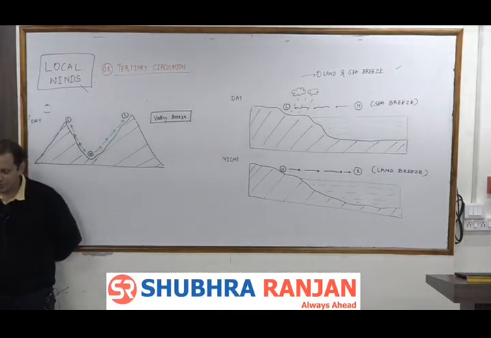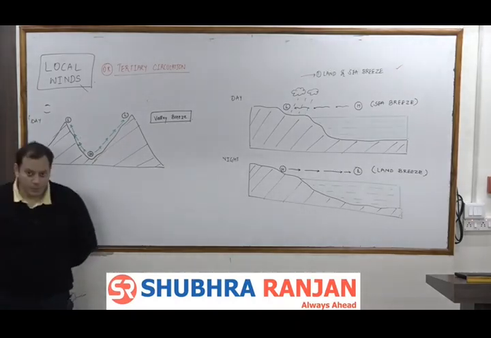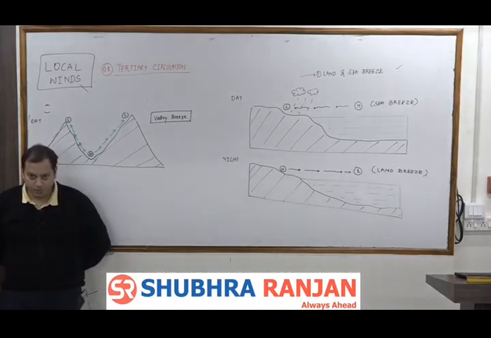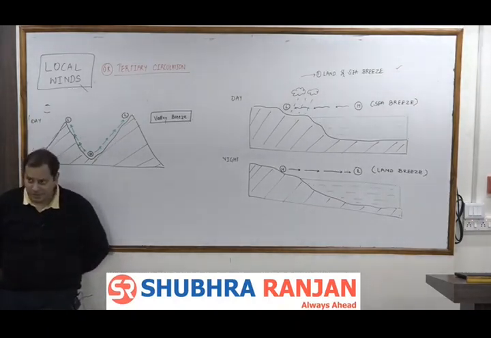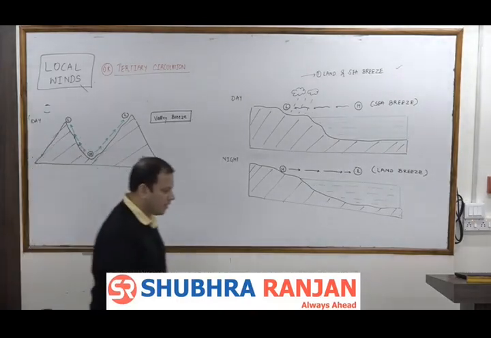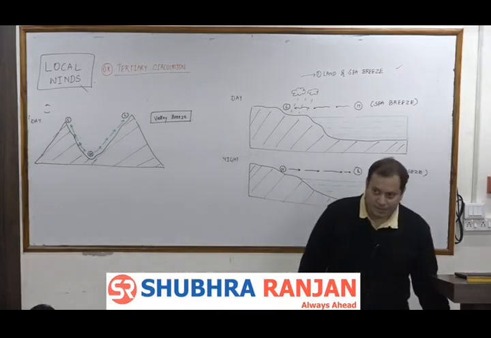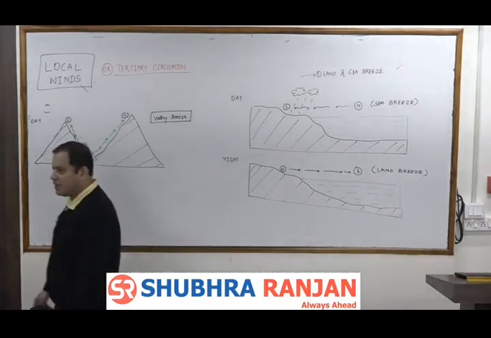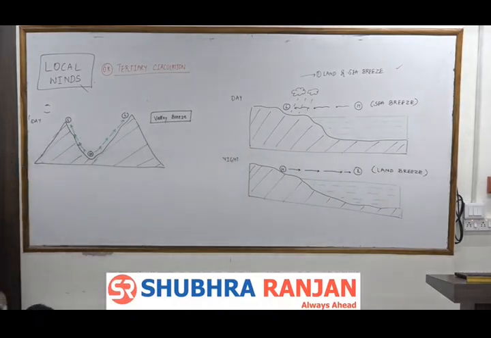Therefore, wind blows upslope as valley breeze. Example: common in the Western Ghats.